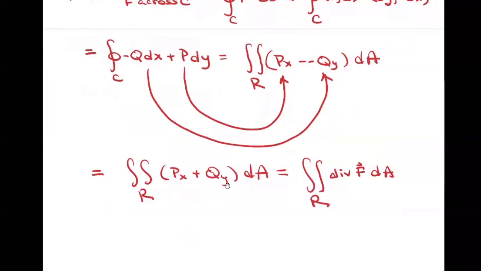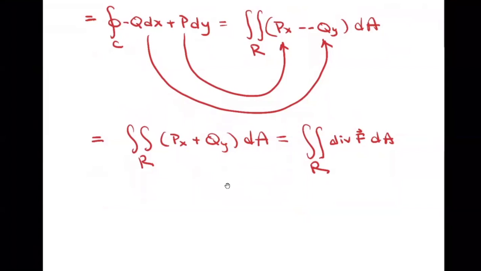Okay, so just as a reminder, div F is del dot F, which is, well, del is partial with respect to x, partial with respect to y, dotted with a field which is PQ.